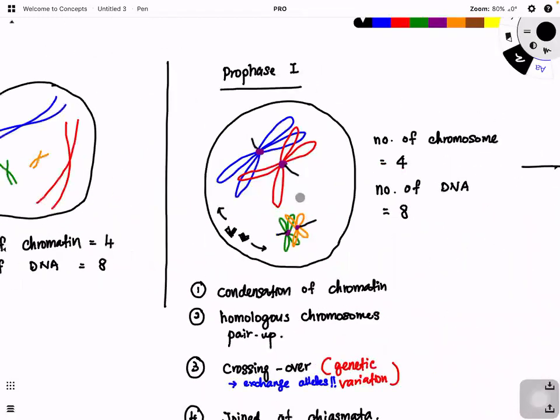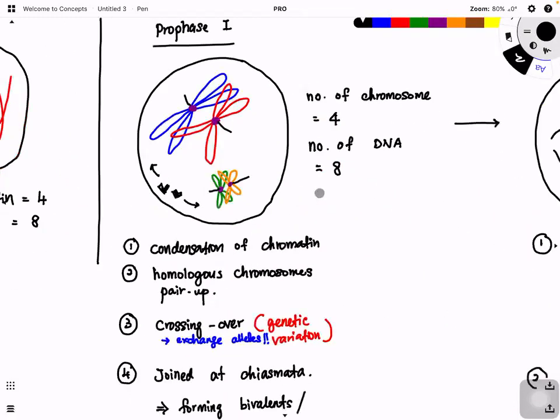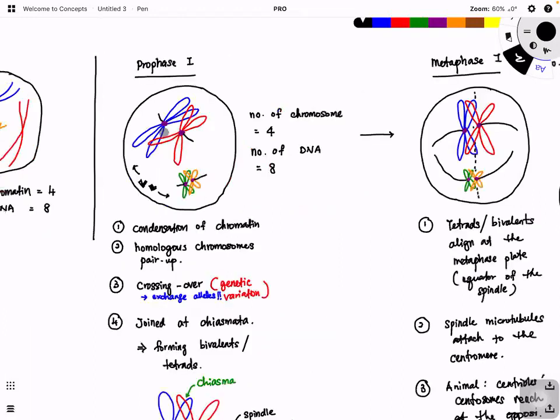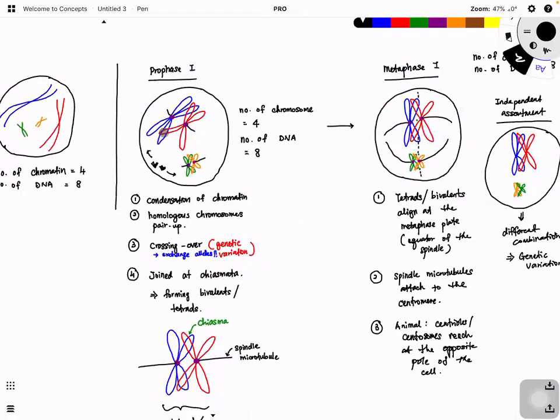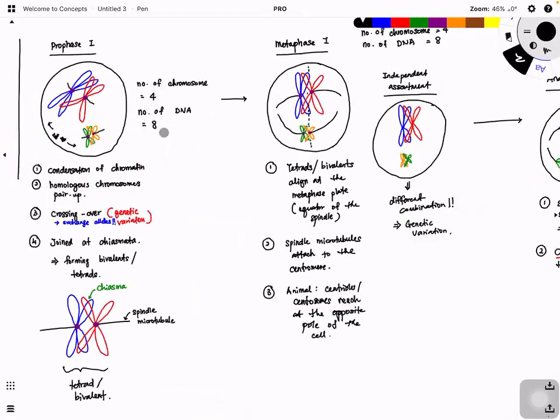Then prophase 1, what you need to know here: you're going to see condensation of chromatin as usual, homologous chromosomes pair up, and then crossing over, which leads to genetic variation.